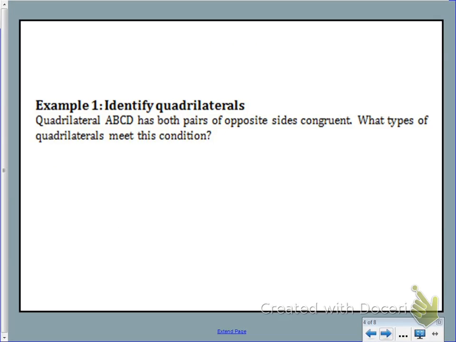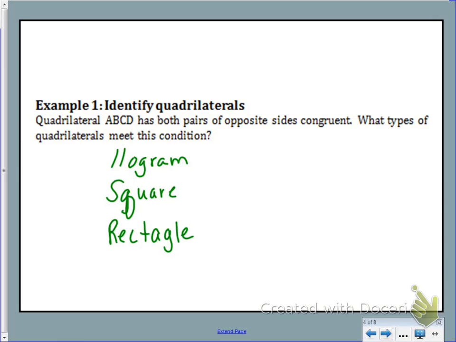All right, example 1 says to look at quadrilateral ABCD, and it describes it as having both pairs of opposite sides congruent. What types of quadrilaterals would meet this condition? So both pairs of opposite sides congruent would be a parallelogram, and therefore any other parallelogram, such as a square, a rectangle, and a rhombus, because all types of parallelograms have two pairs of opposite sides congruent.